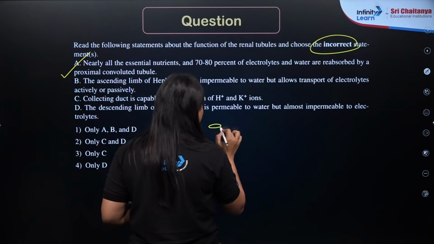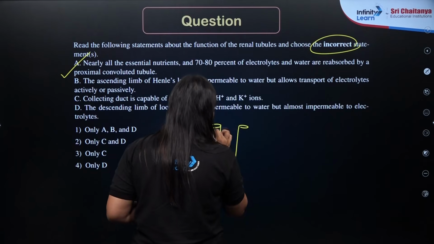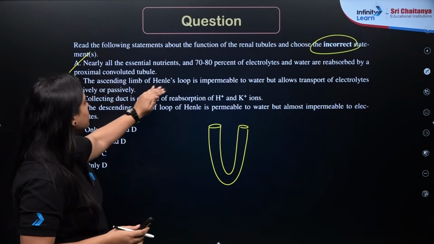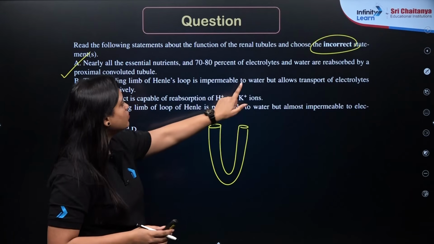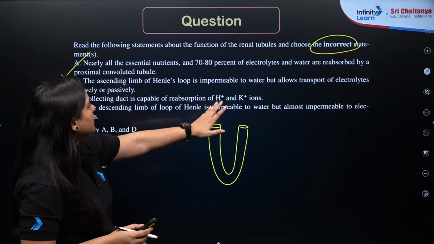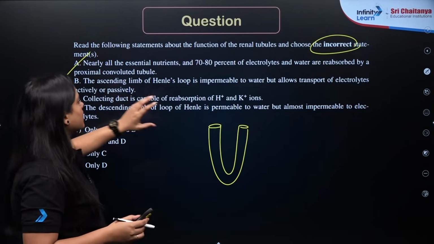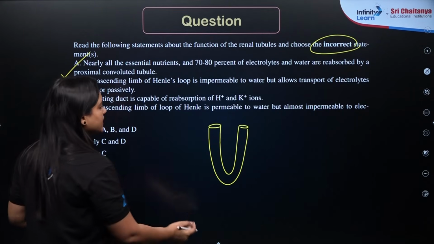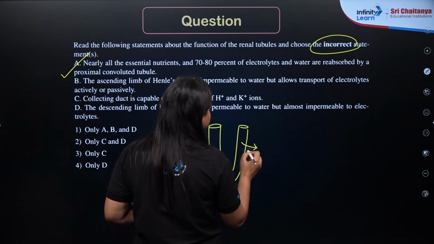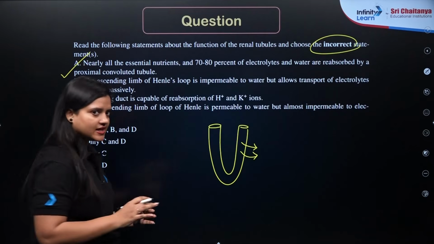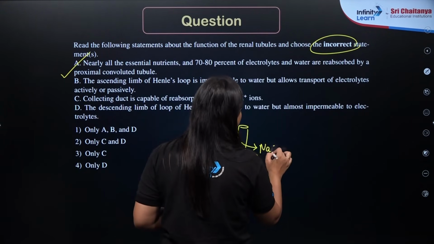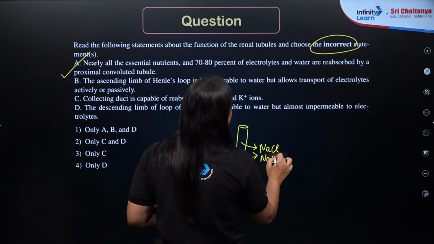So if we can recall the descending and the ascending limb of loop of Henle, it is saying the ascending limb of loop of Henle is permeable to water but allow transport of electrolyte actively or passively. So this ascending limb of loop of Henle is definitely permeable to solute, right?